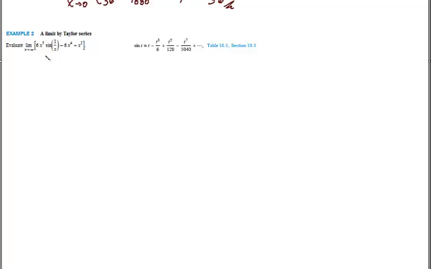So I'd like to use that, but I can't really use it with this x going to infinity, so instead we're going to replace x with 1 over t, and that way as x goes to infinity, we can say that t approaches 0 from the right. We're going to replace our x's with those t's, and then we're going to replace that sine with this Taylor series. So we'll write that down.